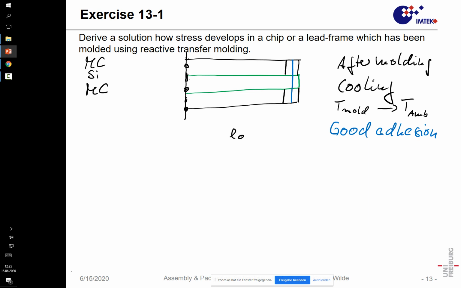And it's still complex because we could say there are several conditions which must be met. And one of the conditions is the equilibrium of forces.